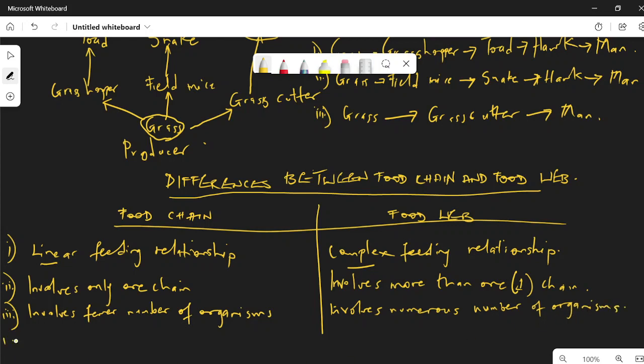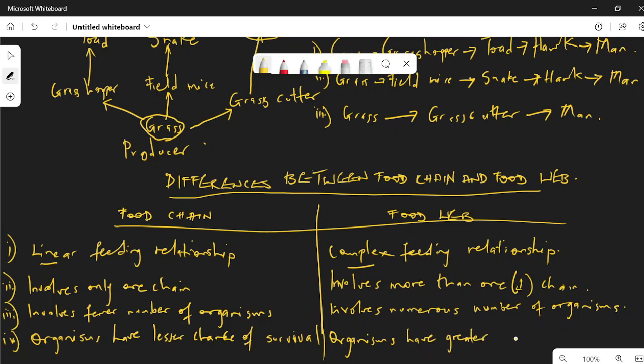And lastly, number 4. In food chain, organisms have a lesser chance of survival, while in food web, organisms have a greater chance of survival.